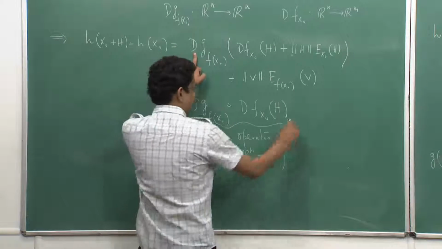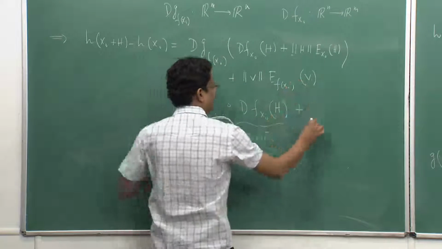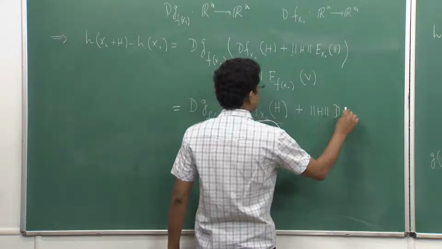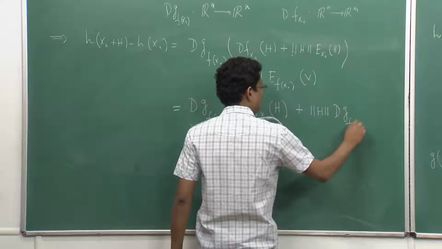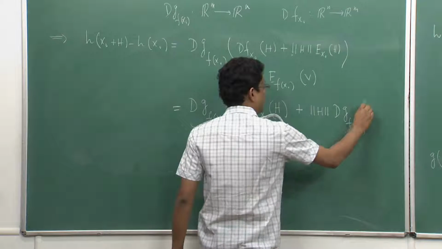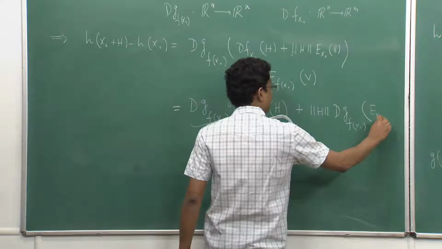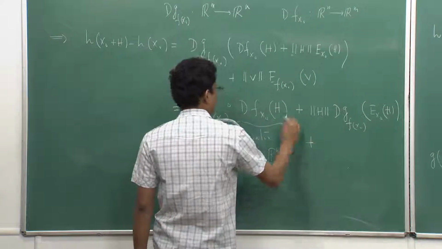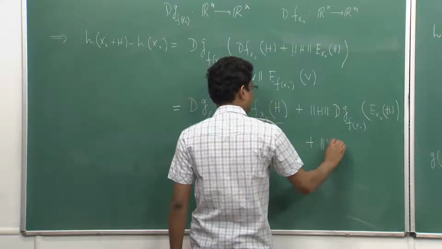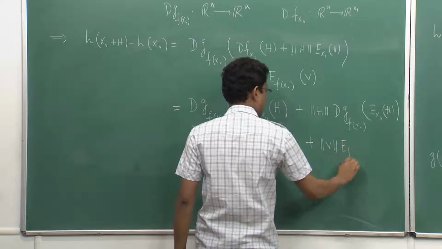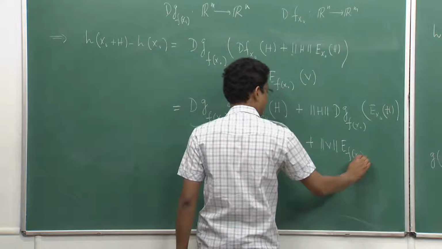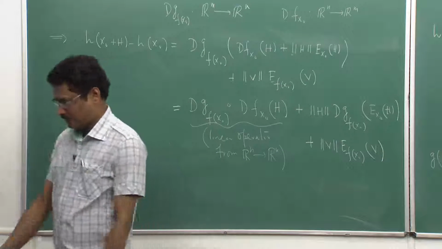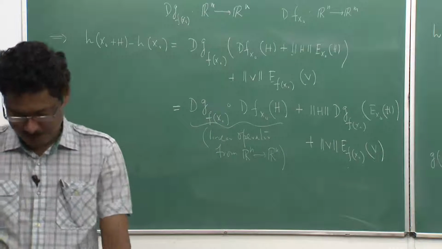Okay, this is linear. So, linearity will play a role here. A scalar comes out. So, this is d g at f x naught acting on E at x naught h, plus I have the remaining term, norm V times E at f x naught of V. Look at the expression carefully.